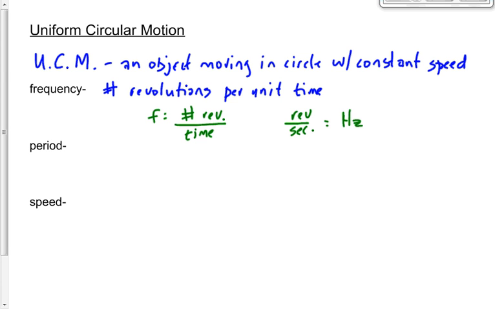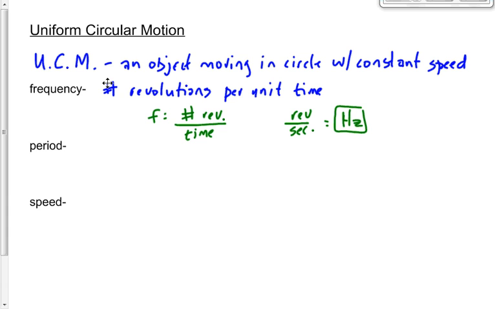A hertz is one revolution or one cycle per second. That's the standard unit for frequency, hertz. But sometimes it's convenient to put it into megahertz or kilohertz when you're talking about a radio or whatever. This is the standard unit that we'll use though. Frequency, the number of revolutions over the amount of time that takes place.